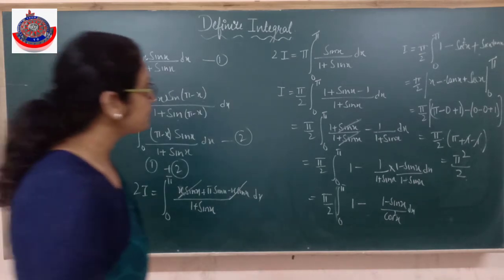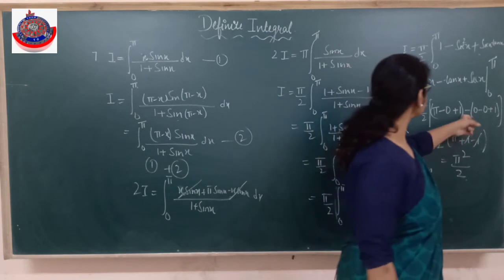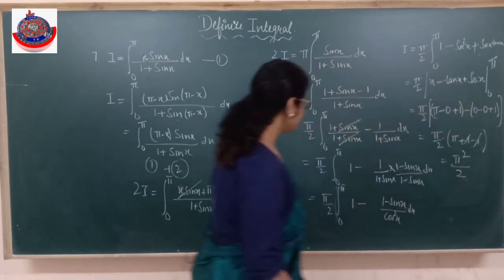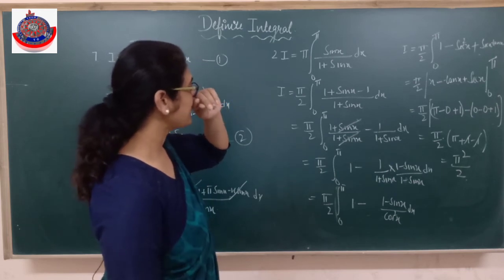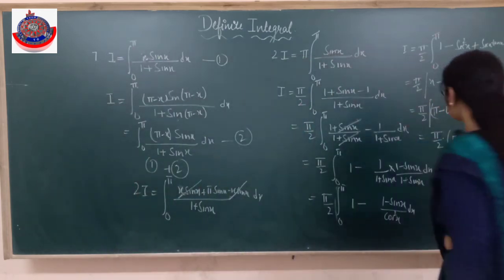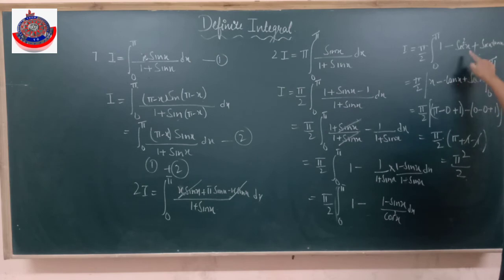Just see, if some minus. It's all fine, there's no sign difference. Minus minus, 1 minus sine square. 1 by cos square would be secant. Plus upper limit pi, tan pi is 0. Secant pi is minus 1.